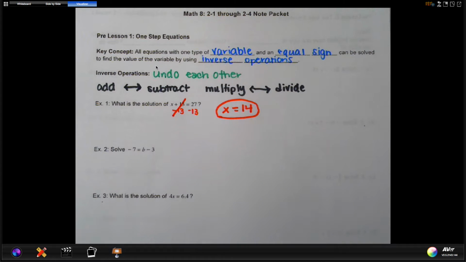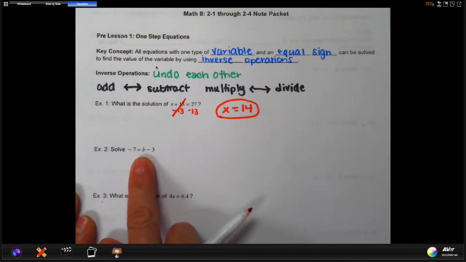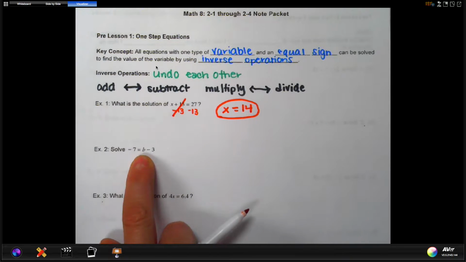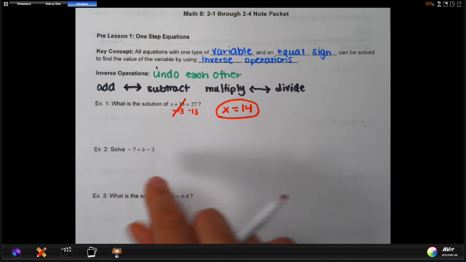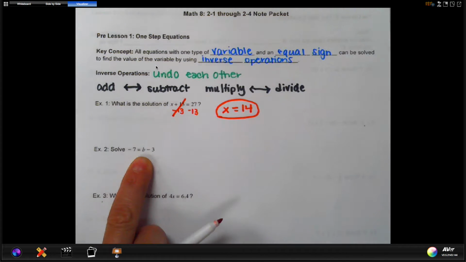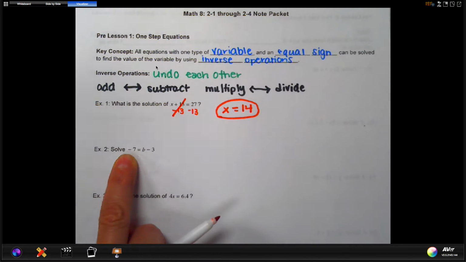Now, this is the most basic way, but they'll start shuffling your variable around. If you look at the next one, there's one variable, just b, there's an equal sign, and there's some numbers. So we know we can solve this. Okay, so if b is our danger, and this is our door right here, the equal sign, -7 is already safe.